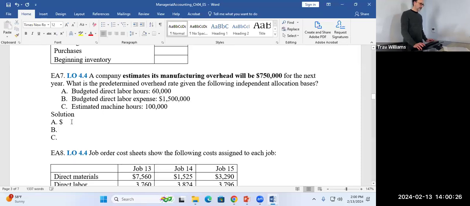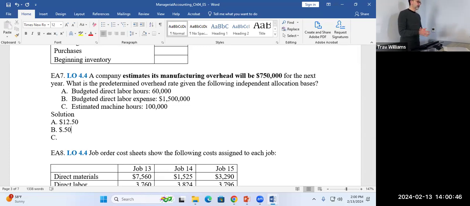Yes, 0.5 or 50 cents per direct labor dollar, right? So for every dollar of direct labor cost, we will have 50 cents of overhead if we use labor expense.